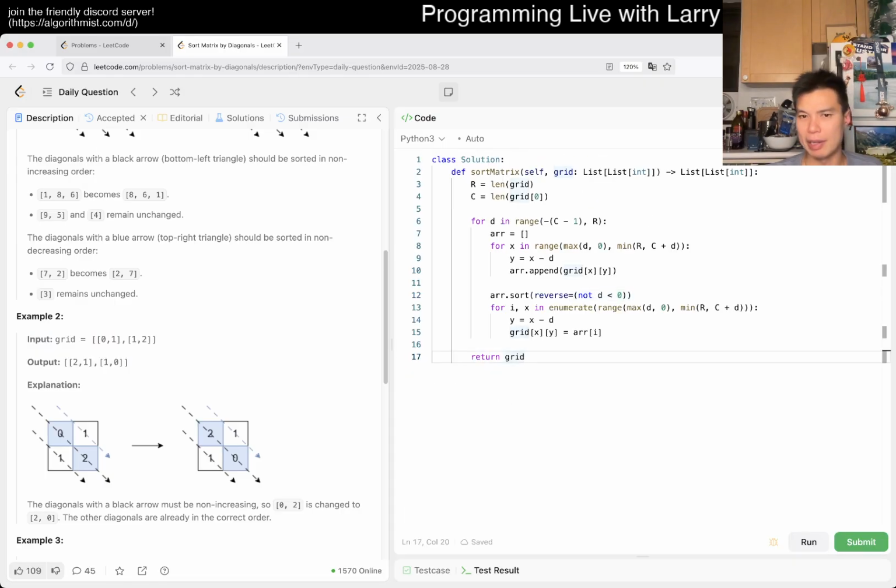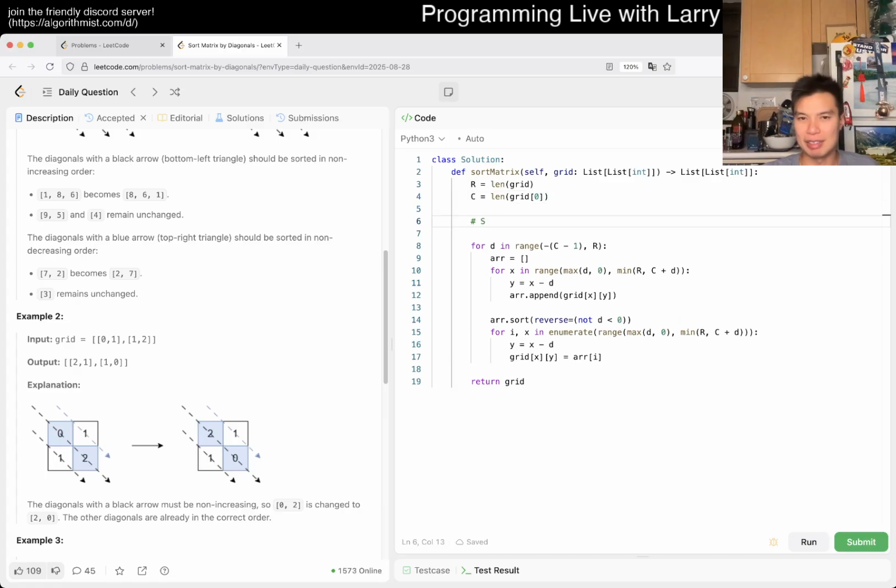But yeah, what's the complexity here, right? The number of diagonals is just 2 times the number of rows, roughly speaking, and each of these sorts will do roughly C log C. Well, let's change it back from R and C, which is a little bit confusing, to some number S, which is elements on one side.